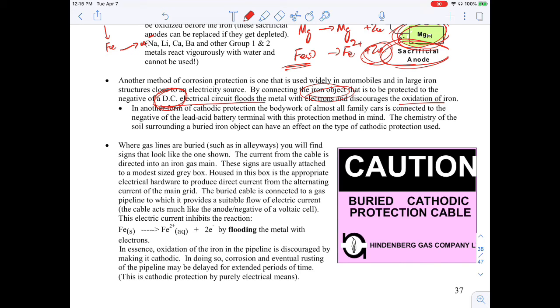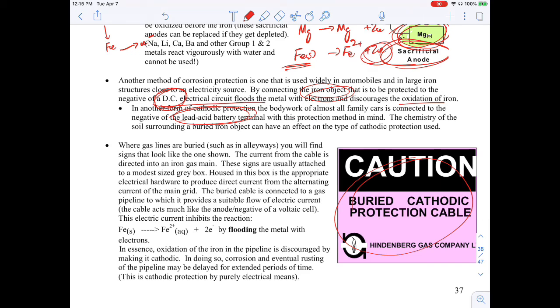In another form of cathodic protection, the bodywork of most family cars is connected to the negative terminal of the lead acid battery, so the battery from the car helps to reduce corrosion. Where gas lines are buried, like in alleyways, you'll find signs like the one shown here, and the current from the cable is directed to the iron gas main.